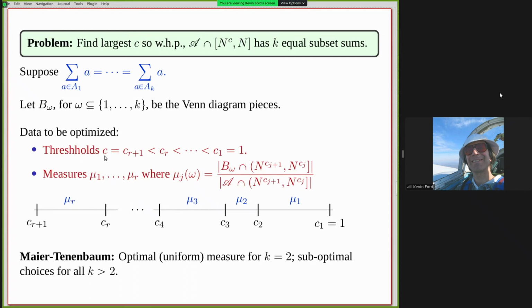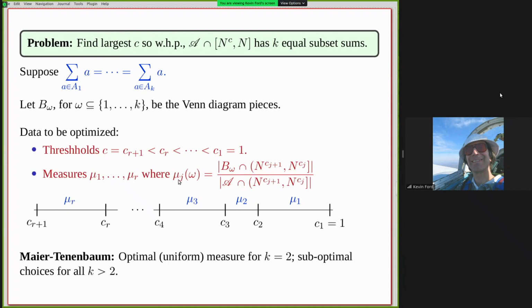Also, it is important to understand certain thresholds. So we have C1, C2, C3, a decreasing sequence of real numbers starting at 1. We want to optimize those, and also to optimize what we call measures, mu r through mu 1. All these are doing is counting what proportion of the integers of A that lie in this interval lie in each of the Venn diagram pieces.